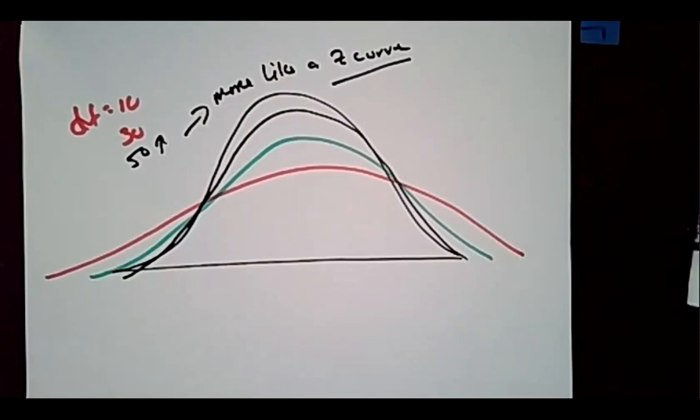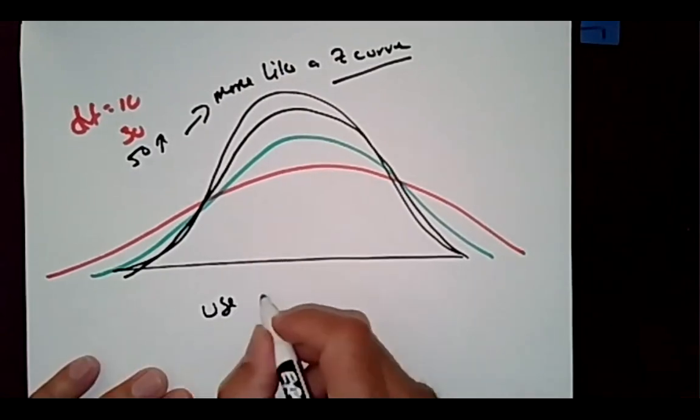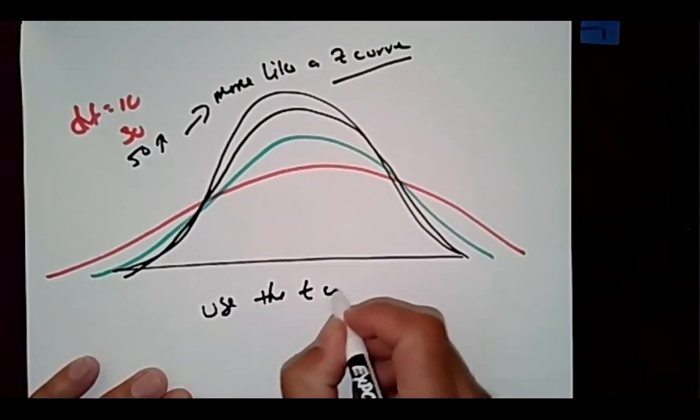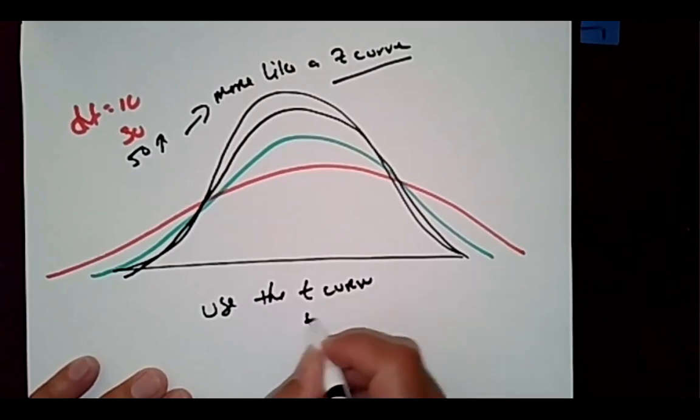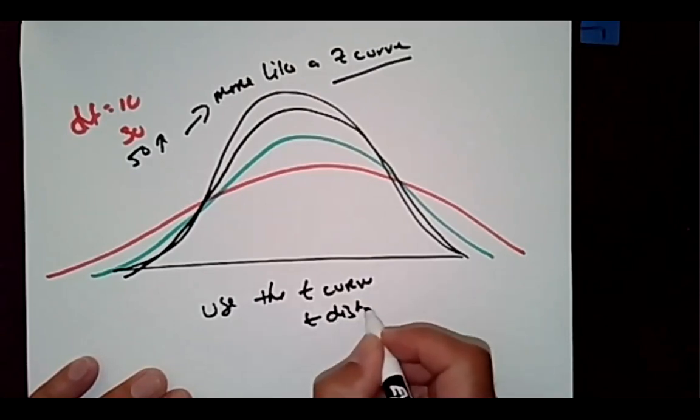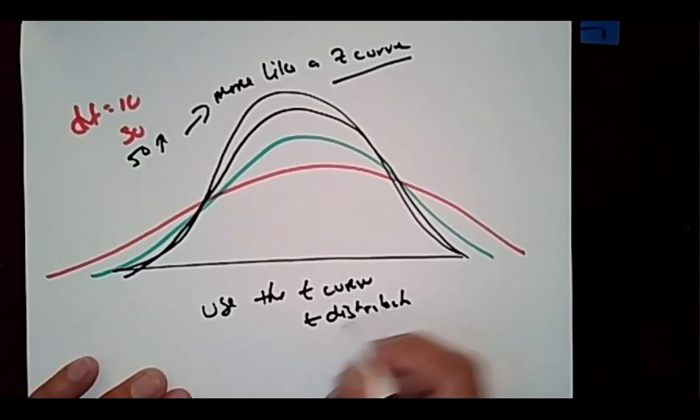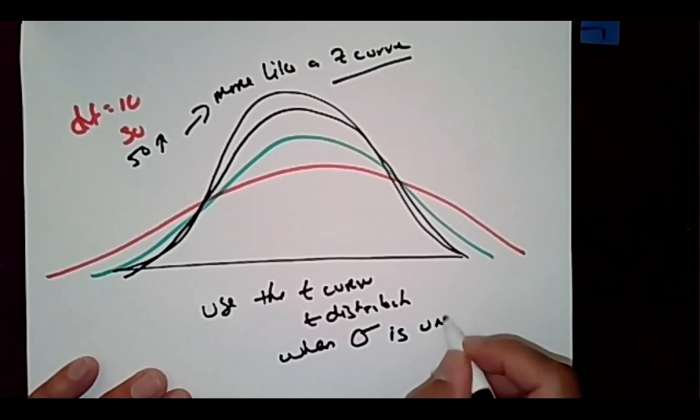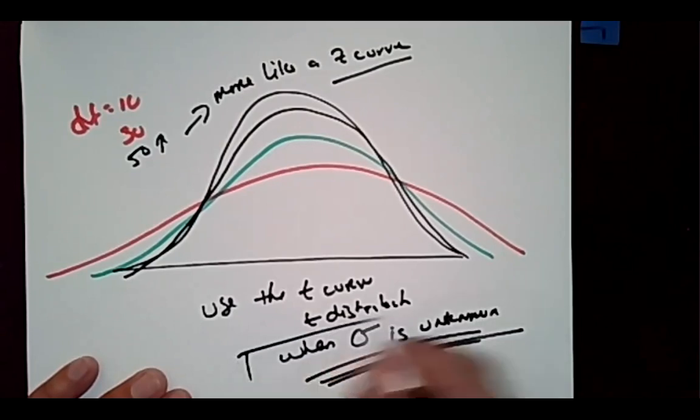So that's what we want to know. That's what you know for your precision, right? So it's a family of curves. And you use the T curve or T distribution when sigma is unknown, right?